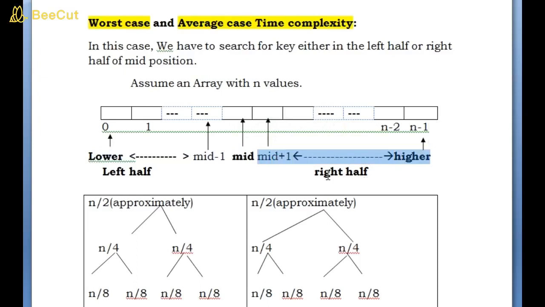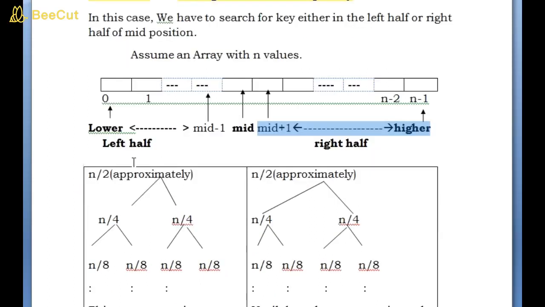So either we have to search in the left side of the mid position or the right side of the mid position, based on the key and middle value of the array. If key is less than the middle value of the array, then we search in the left half. If key value is greater than the middle element of the array, then we search in the right half.